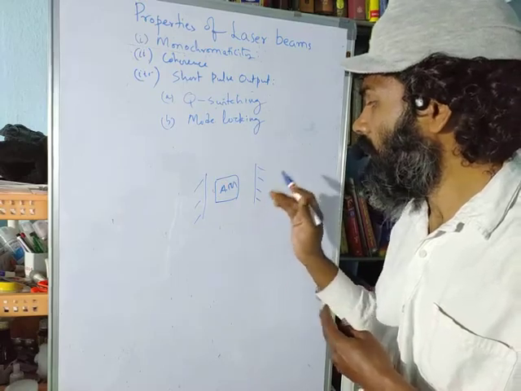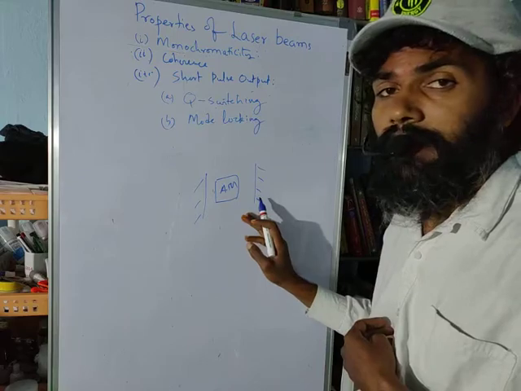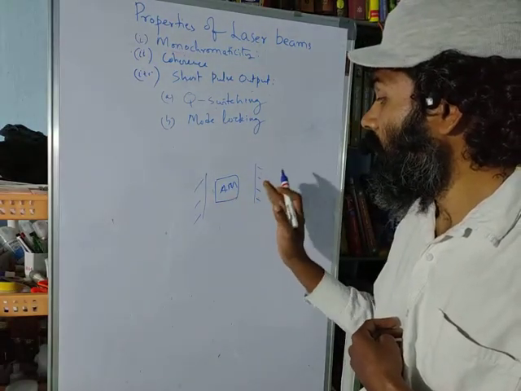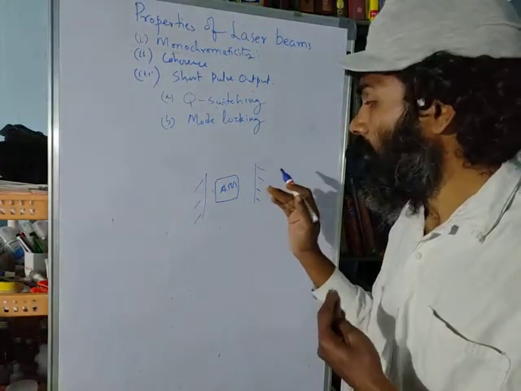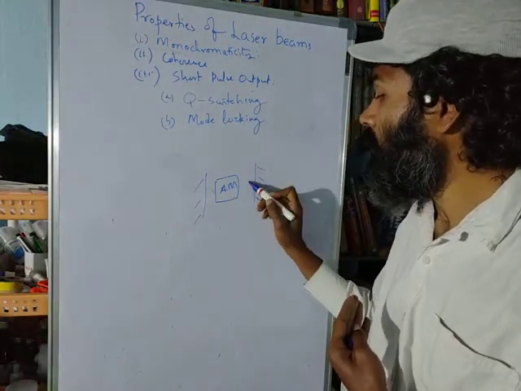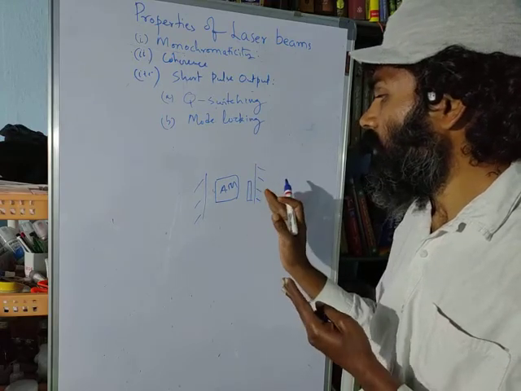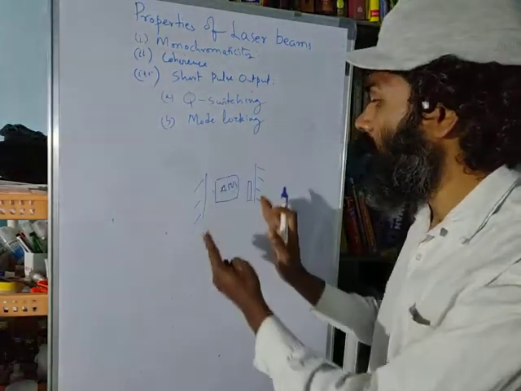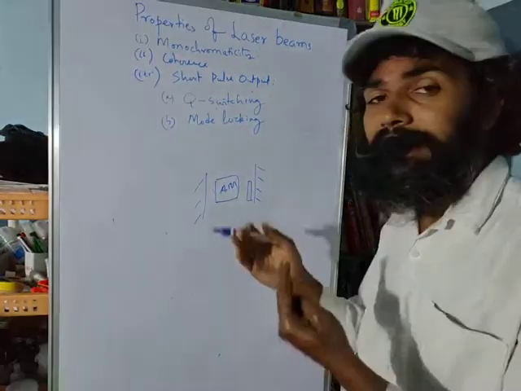When the reflectivity is high, of course, we don't have anything in the path of the lasing photons. But when we need the reflectivity at a lower value, we put something called a shutter. So when we put a shutter, the quality of the resonator, we can call this an optical resonator, will decrease.